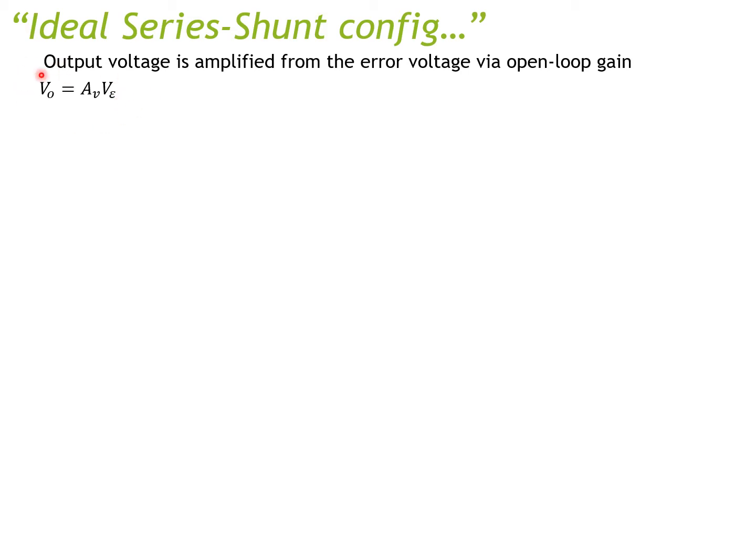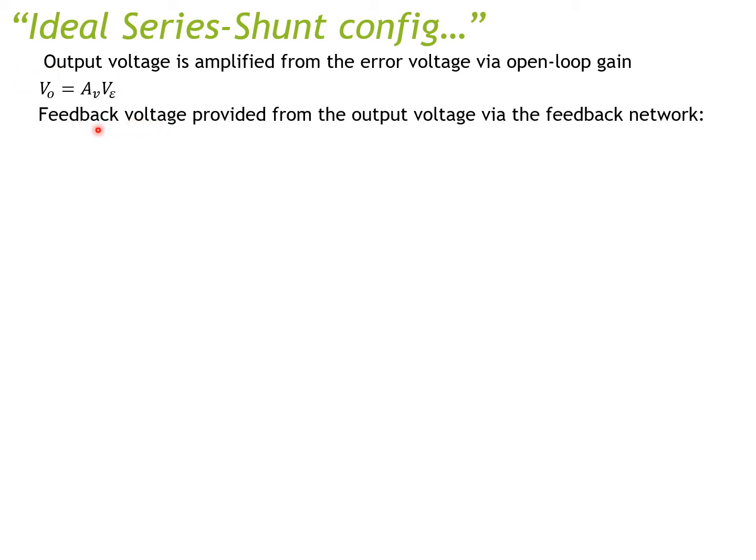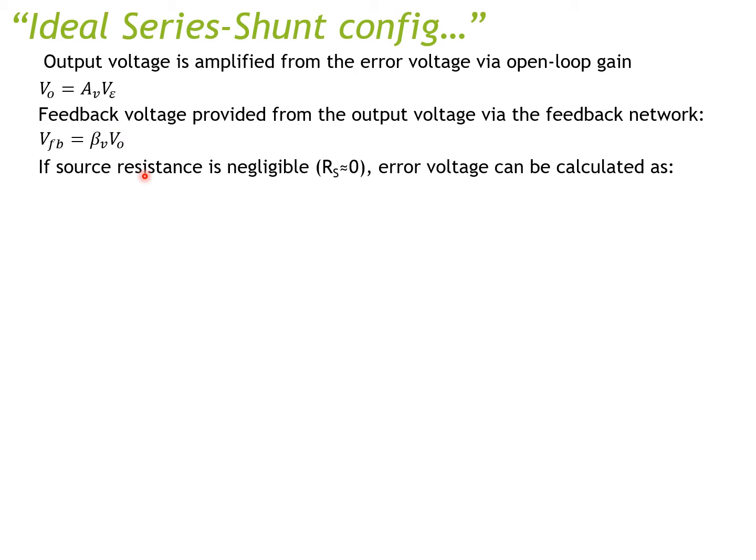This is from the basic amplifier gain. The feedback voltage provided from the output voltage via the feedback network is VFB equal to beta V multiplied by VO. If the source resistance is negligible, so if you use an ideal source, RS goes to 0, then the error voltage is V epsilon equal to Vi minus VFB.